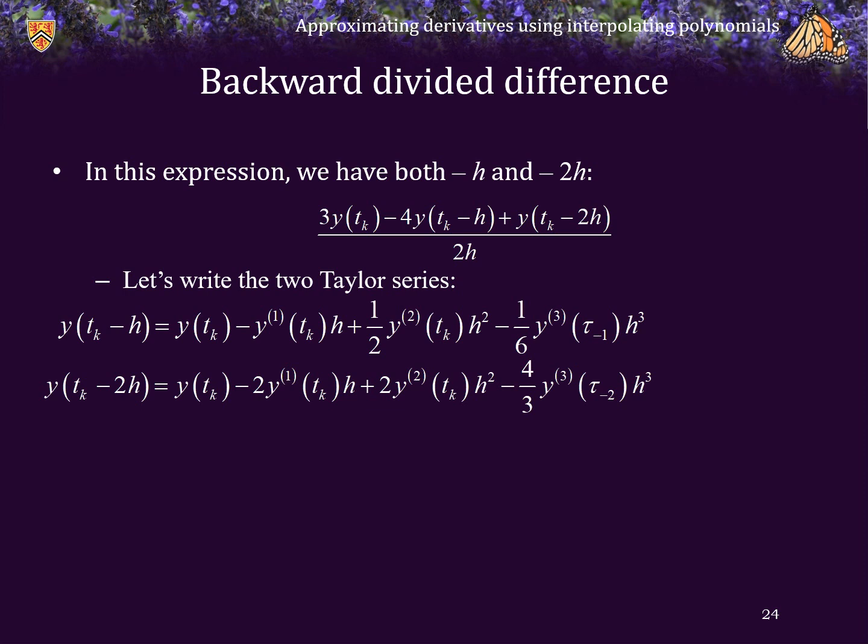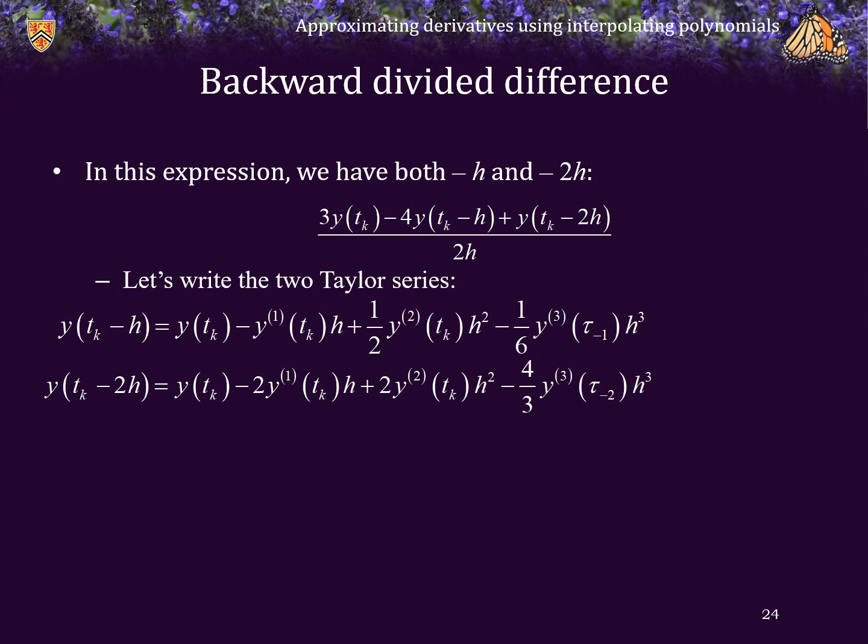So let's take negative 4 times the first equation and add to that the second equation. Okay, so you get that on the left-hand side. On the right-hand side, we have negative 4 times y at t sub k plus y at t sub k, which ends up being negative 3 times y at t sub k.